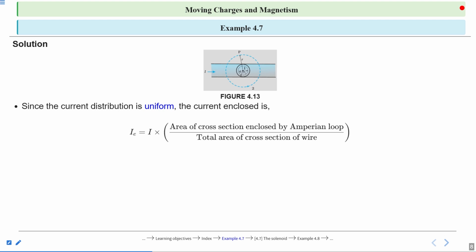But now the Amperian loop has a radius less than the radius of the wire, so current enclosed will be less than total current. So now we have to apply this ratio. We multiply total current with this ratio. So what is the ratio? Area of the cross section enclosed by the Amperian loop upon total area of cross section of wire. That gives the enclosed current by the first Amperian loop.